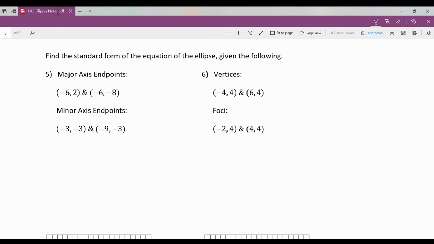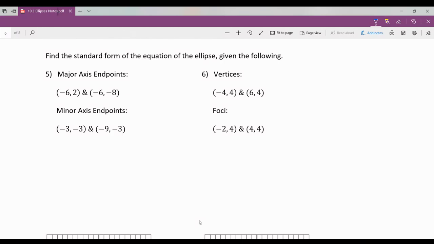All right, now on to the last set. So we've got the major axis endpoints and the minor axis endpoints are given, and we want to find the standard form of the equation of the ellipse. No matter whether we're given the endpoints of the major, the endpoints of the minor, or the foci, the center is always the point in the center, aka the midpoint.